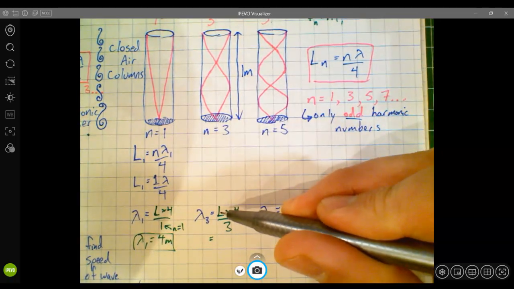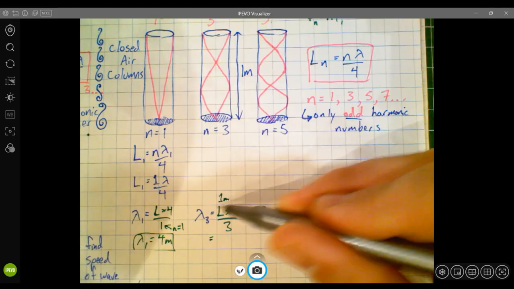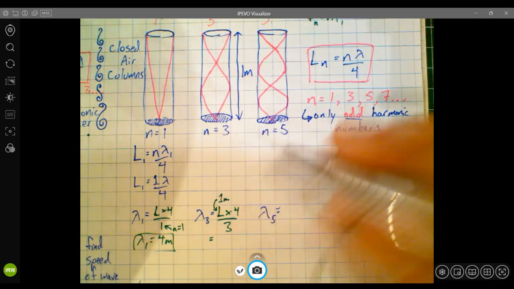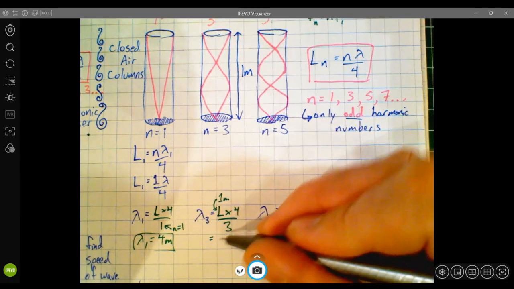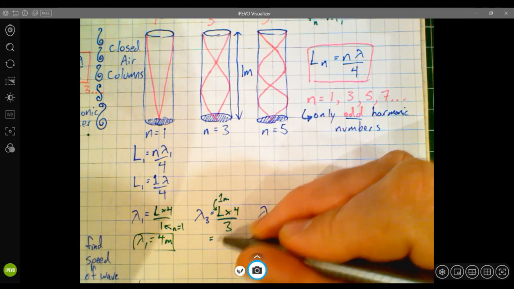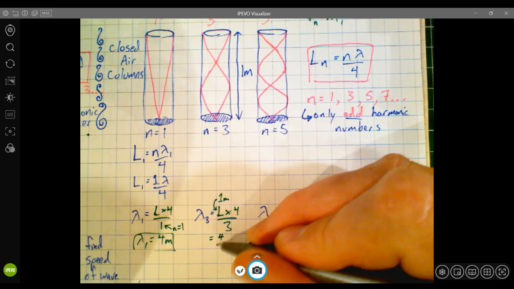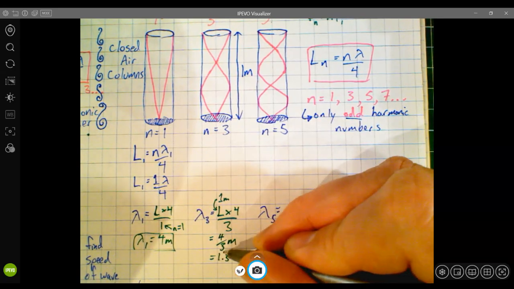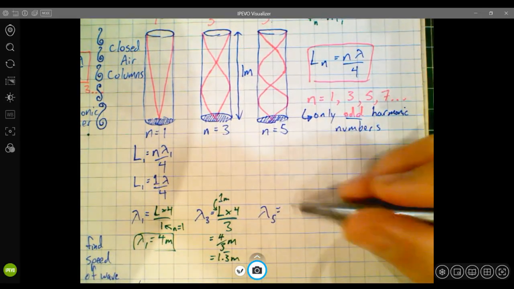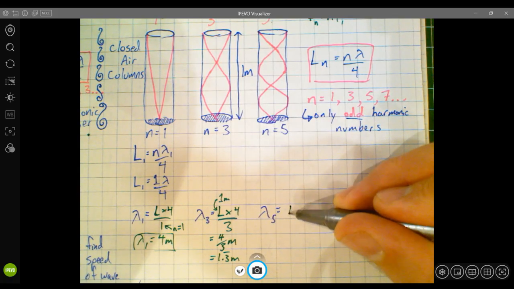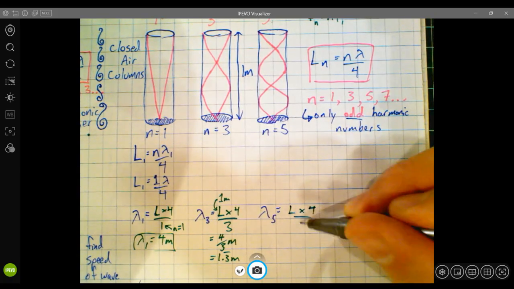So we'd say 1 meter, which is that L value, 1 times 4 divided by 3, that's 1 1/3, or I could say 4/3 of a meter, 1.3 repeated meters. And then the next one, we've got lambda 5 equals L times 4, again, over n.